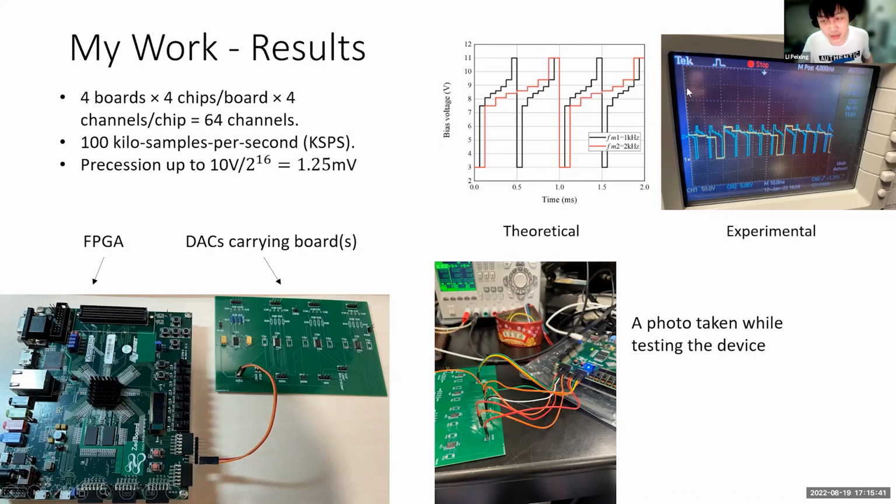On the top right, you will see the comparison between the theoretical voltage wave and the experimental measured one. They are reversed in terms of time because of the needs of the experiment, but you can see the waveform is very well preserved. They are very close to each other, and the desired sampling frequency can be achieved.